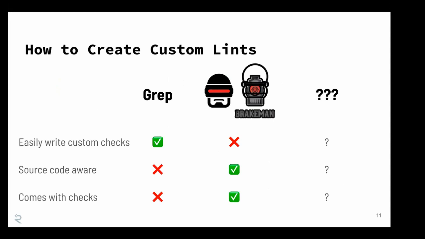So there are, again, a number of great tools that operate essentially at the S-expression or abstract syntax tree level. For example, Rubocop and Brakeman are great examples. So these two tools are source code aware. They do come with many checks, so this is great. But they're not as easy to write custom checks with, right?